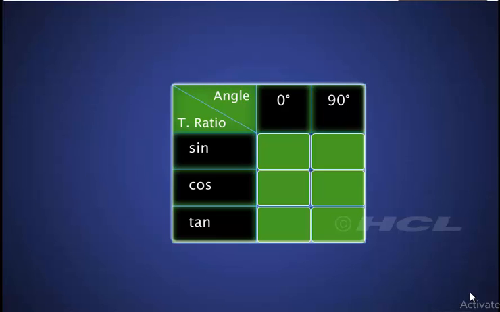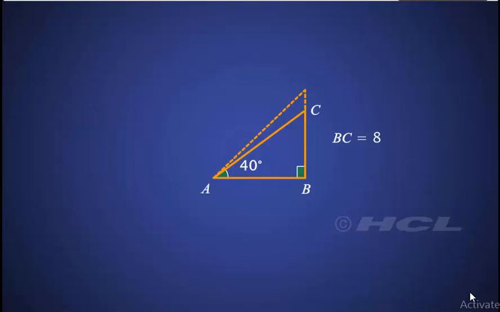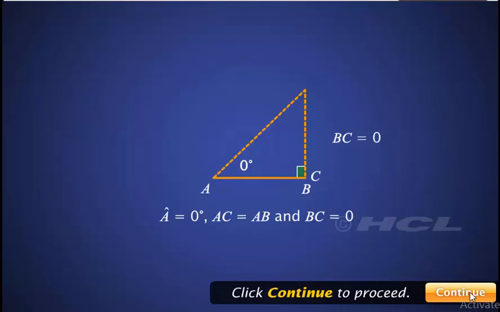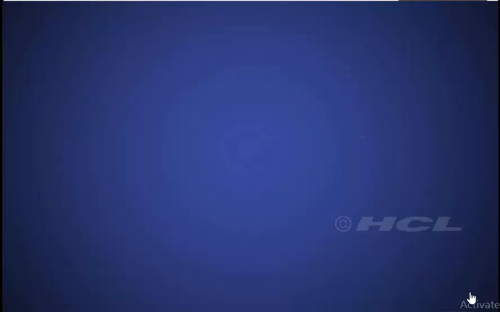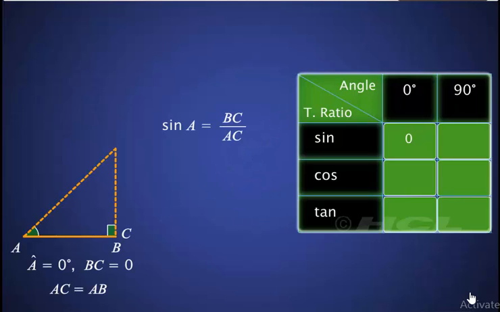Let's look at the values of the trigonometric ratios for angles 0 and 90 degrees. Observe this figure. As the angle A becomes 0, the hypotenuse AC becomes AB, and the side BC becomes 0. Since sine A is equal to BC over AC, the value of sine 0 degrees is equal to 0.